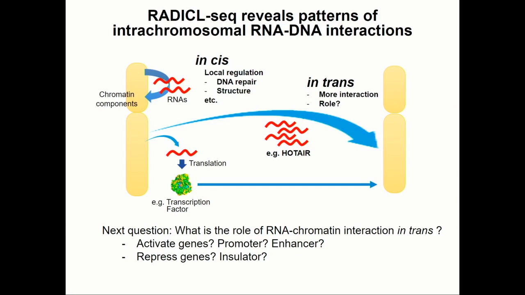So for instance, X inactivation is mediated by Xist. HOTAIR is moving from one chromosome to a different chromosome to modify the epigenome. Many imprinted loci produce RNA that are bound to their own locus and interact. So we decided we should map them all if possible, and we came out with a strategy.